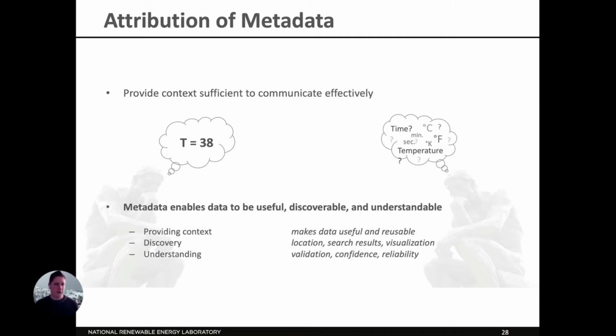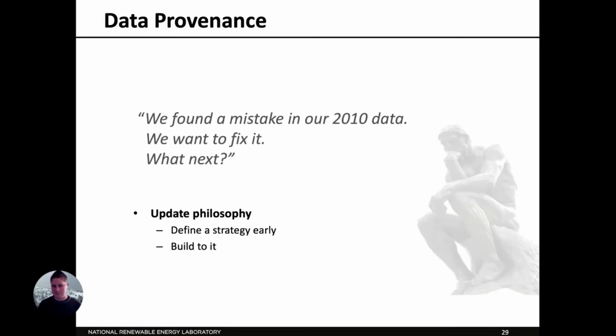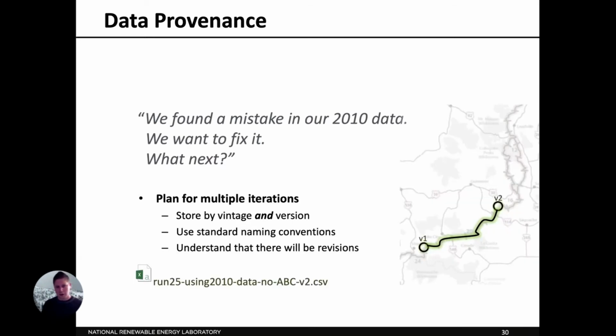The other thing that's important if you're just starting out in your project and trying to plan ahead is to have a provenance strategy. Don't assume that every data set is going to be perfect right from the beginning. Plan to have multiple versions and multiple iterations. It helps to store your files internally not just by version, but by vintage.